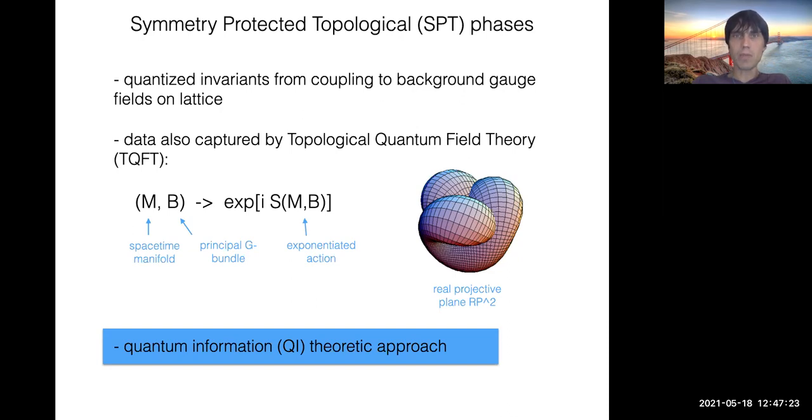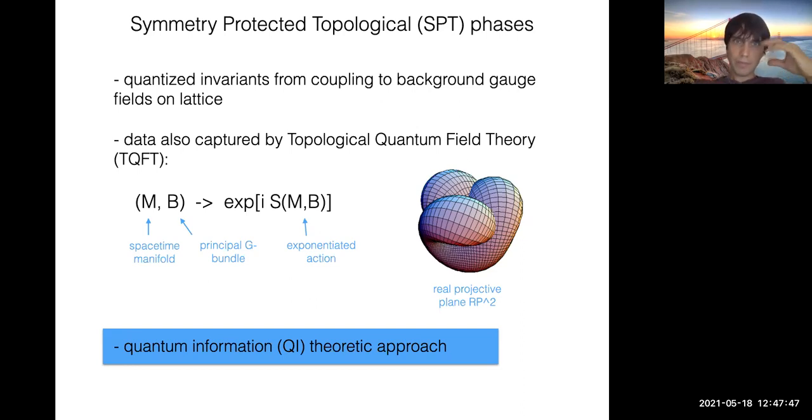There's a very well-defined prescription of taking any system with a global unitary symmetry acting on the lattice and coupling it to a background gauge field of that symmetry. So this is really an algorithm, a prescription for taking a Hamiltonian with a global symmetry and constructing another Hamiltonian, which has no global symmetry, but which has a gauge field corresponding to that symmetry.